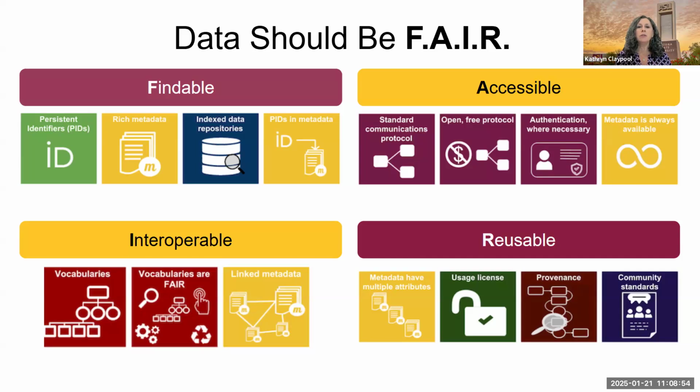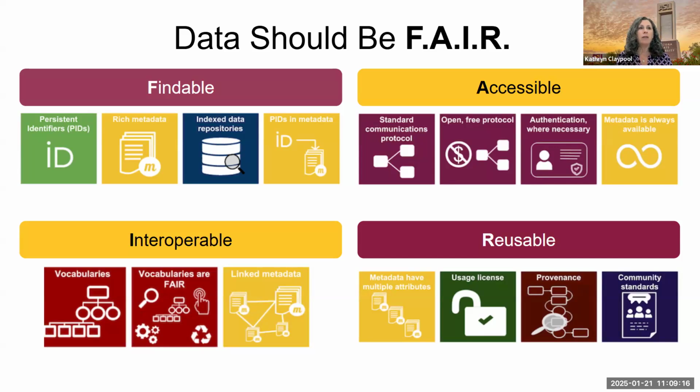As far as being accessible, there should be a way to actually get to your shareable published data, whether that's through authentication or if it's open, if there's a standard communication protocol, or maybe people have to request it from your research team.